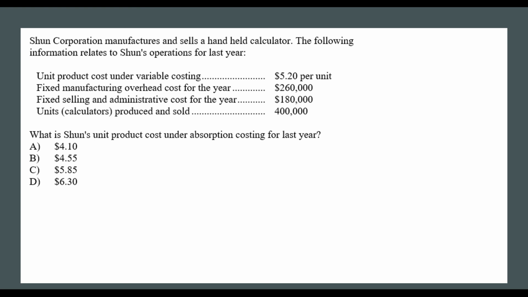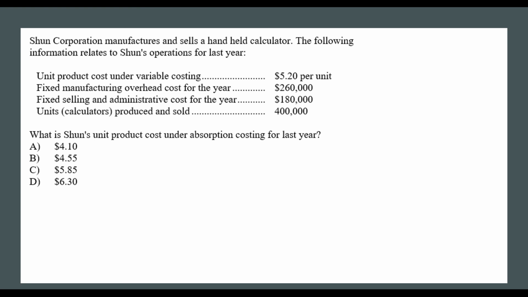Your fixed manufacturing overhead cost for the year is $260,000. Your fixed selling and administrative cost for the year amounted to $180,000. And the calculators produced and sold are 400,000 units. The question here is, what is Shun's unit product cost under absorption costing for last year?